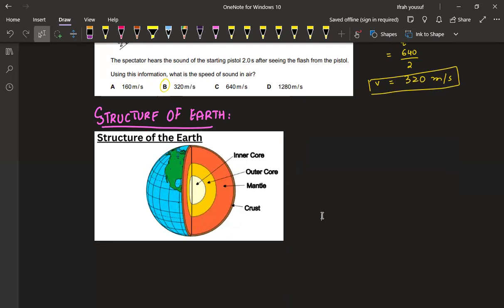So now you can observe, you can see that there are three layers. Okay. The outer layer is the crust. The innermost layer is the core, right? And the middle layer is the mantle, right?